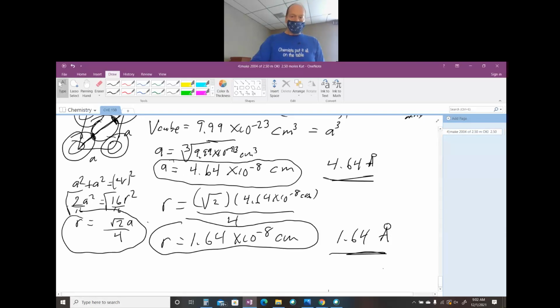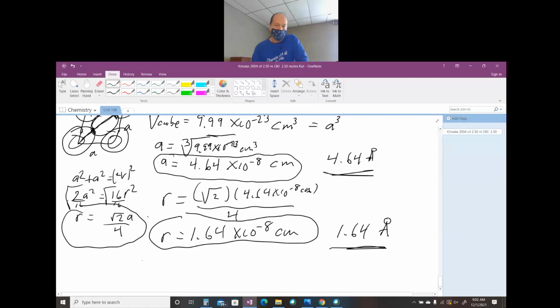All right, and then just to find the volume of the sphere, the volume of your sphere is 4/3 pi r cubed.